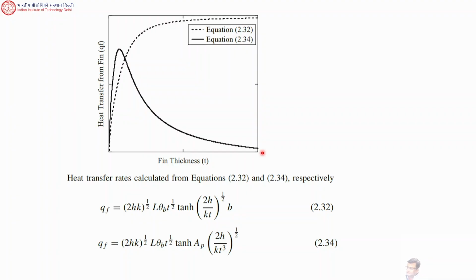Physically, okay. One can always derive expressions and then check the expressions another time, but physically. No, I'm not talking about this curve. I'm not talking about the solid line curve. I'm talking about the one with the dashed line, which says 2.32, the upper curve.